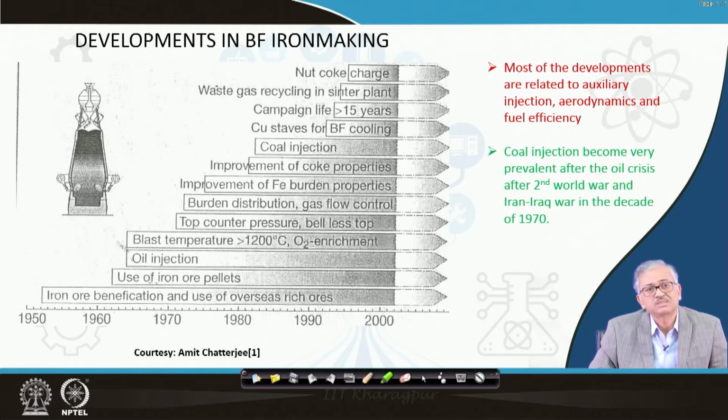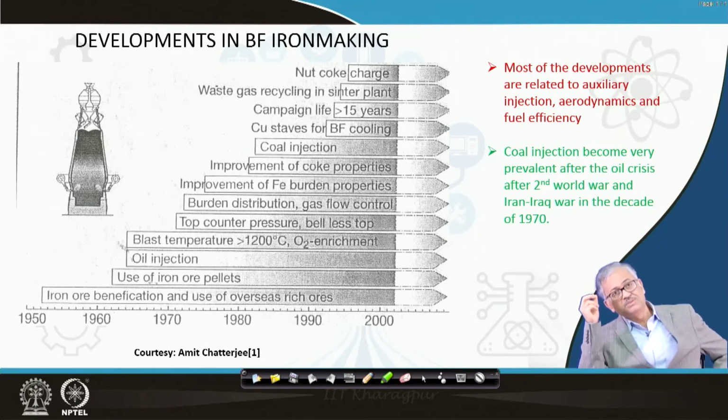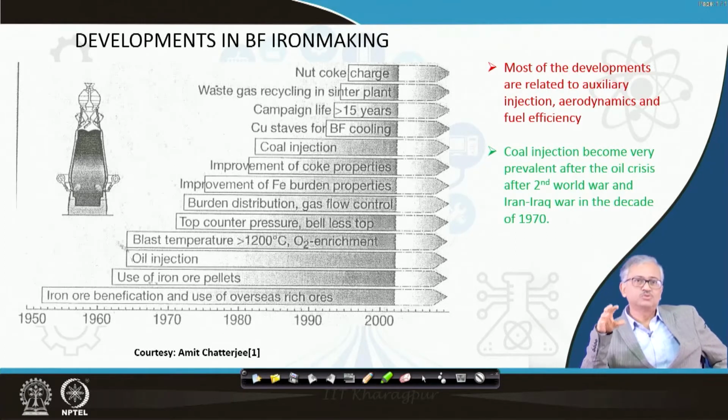Pellets were charged into the blast furnace because a pellet-charged furnace gives wonderful permeability of the bed. So, pellet is a very good feed material, but it is very costly. That is why sinter got an edge over pellets, although pellets are better than sinter to some extent as far as bed permeability is concerned.